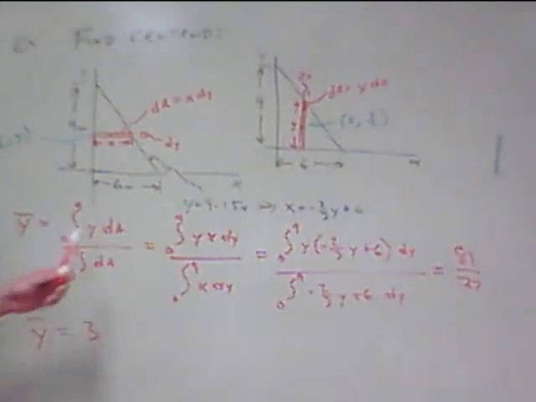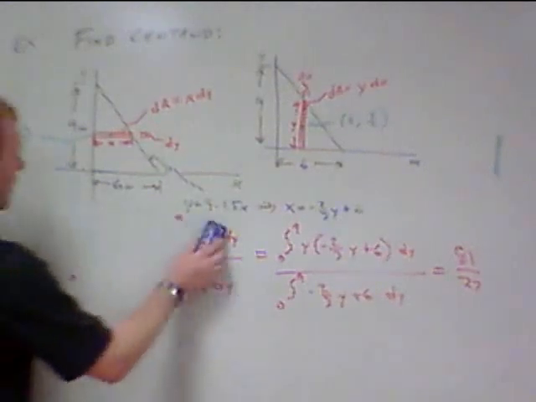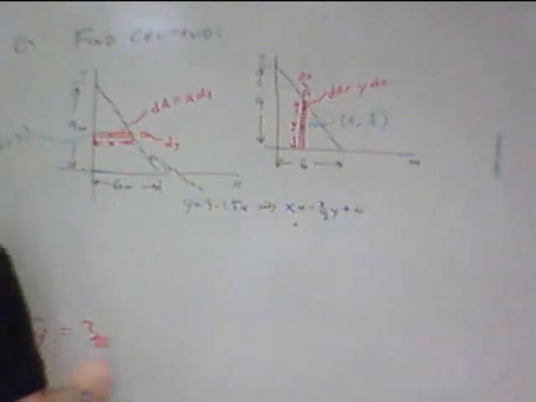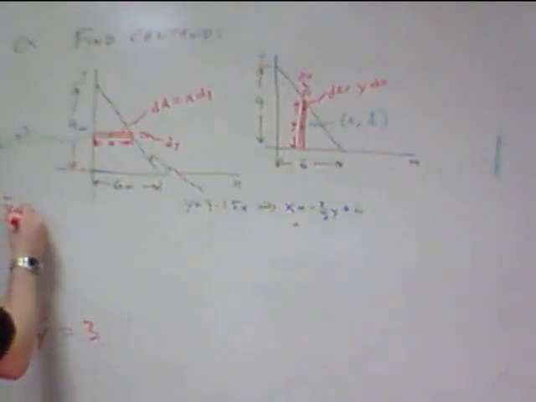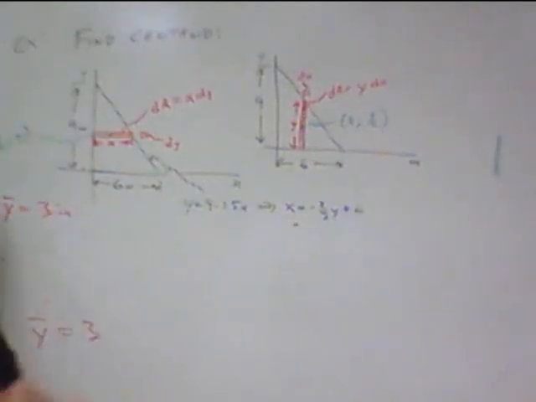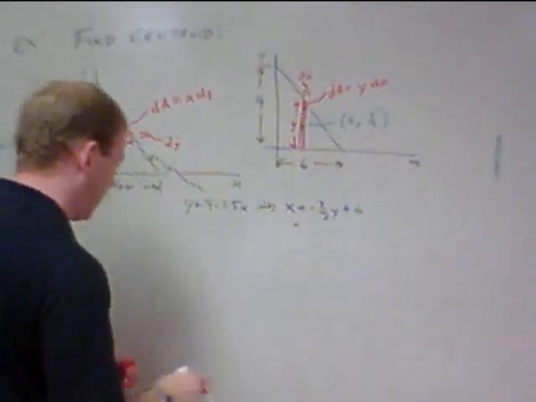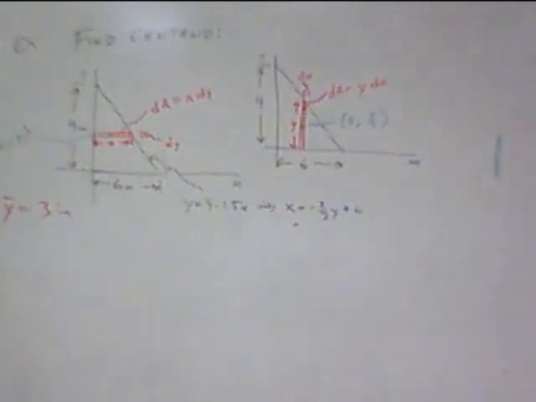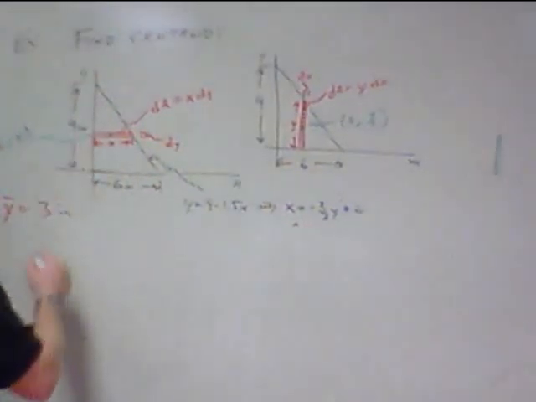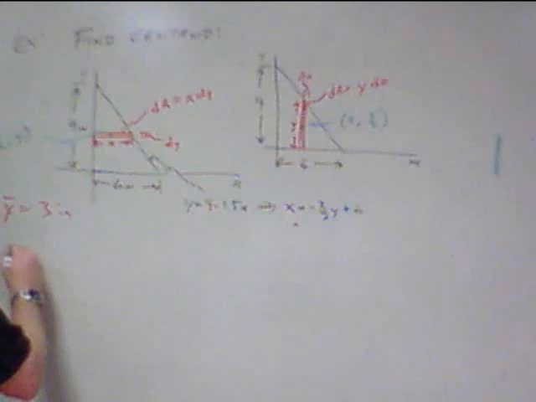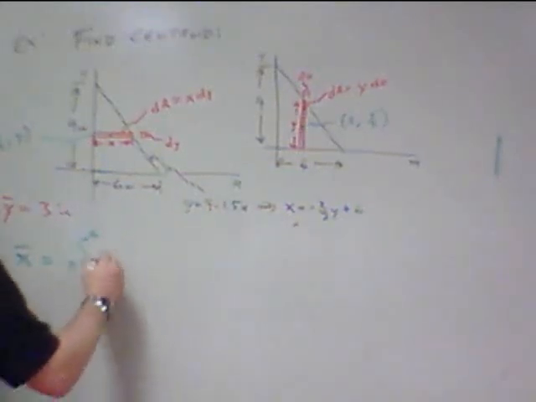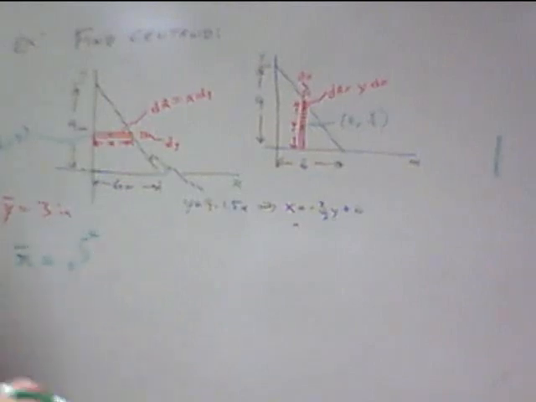The next thing we're going to look at is doing the same thing for x. So the y centroid is at 3 inches. The x centroid, it's the same process. It's a little bit tedious, but you do got to kind of get the hang of this. So now we're going to look at the integral, integrating over x, so 0 to 6 of, this is an important distinction here, okay?